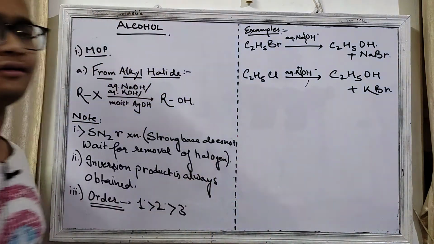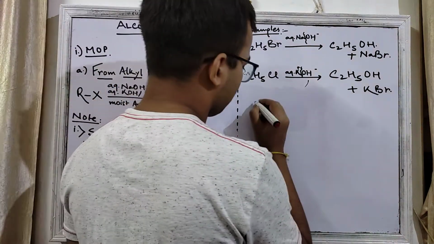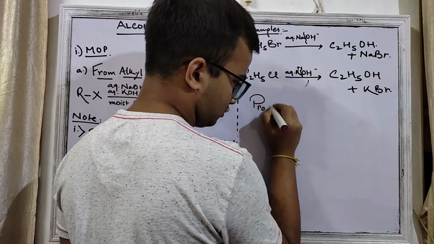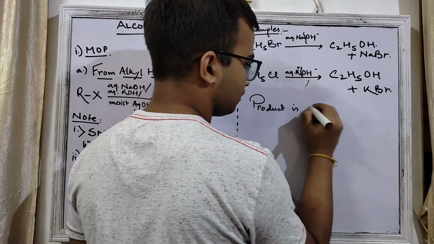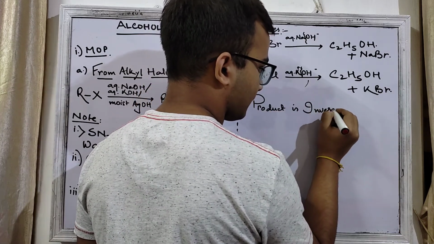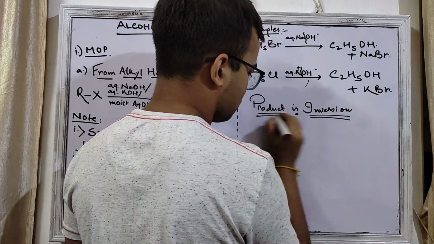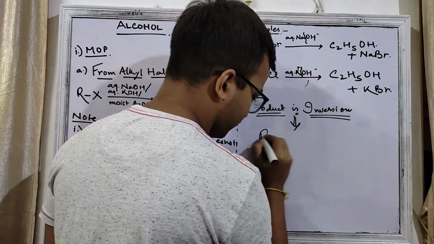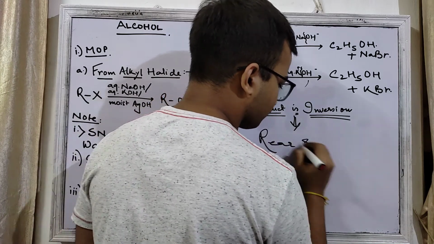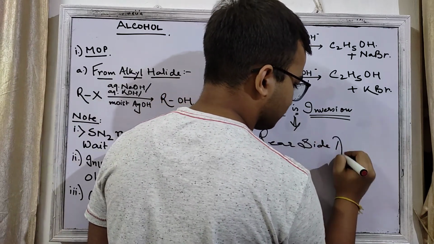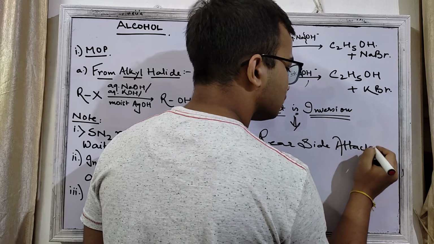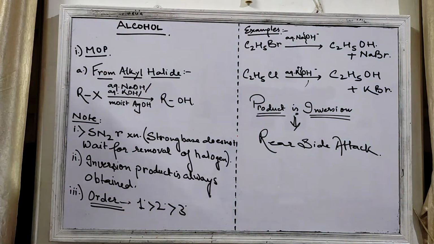Rear side means always an inversion product. The product is inversion because rear side attack is occurring. Clear? So copy it up to this much.